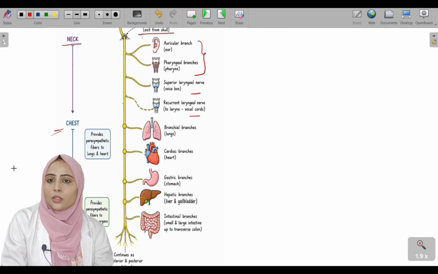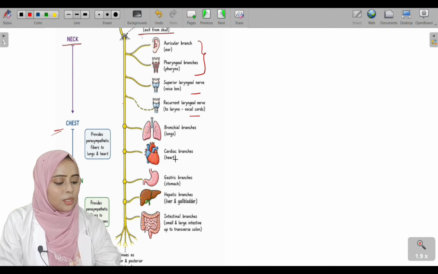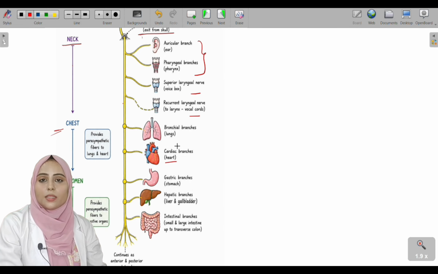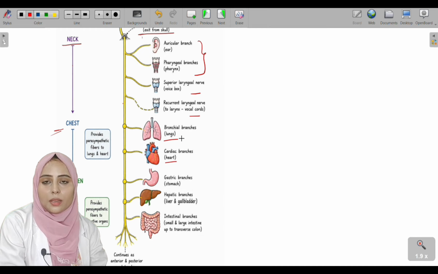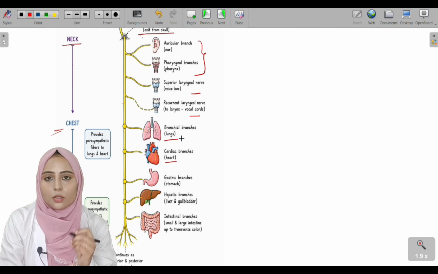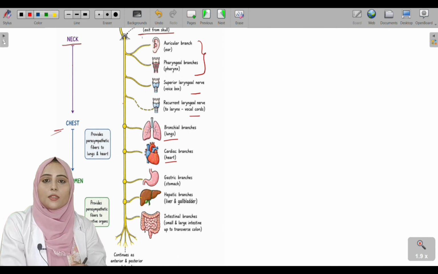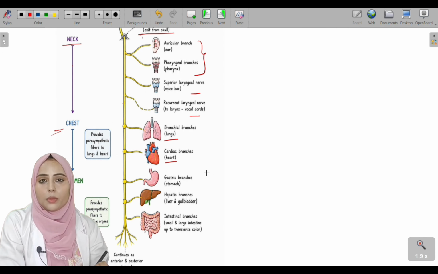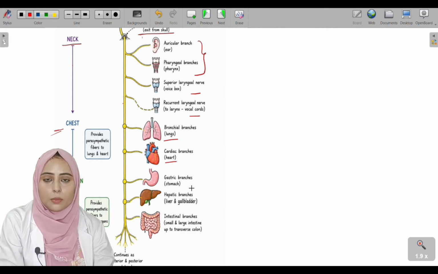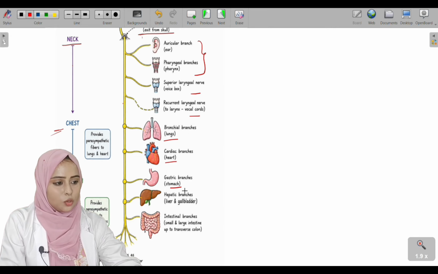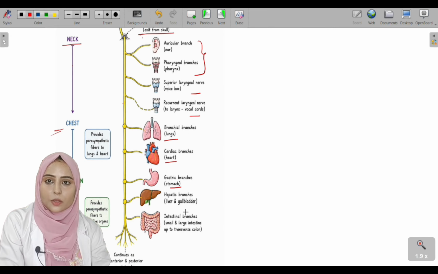After passing through the neck, it enters into the chest. In the chest, it gives branches to the heart and the lungs: a cardiac branch to the heart and a bronchial branch to the lungs. After passing from the chest, it enters into the abdomen. In the abdomen, it gives three branches. The first branch is to the stomach, that is the gastric branch.